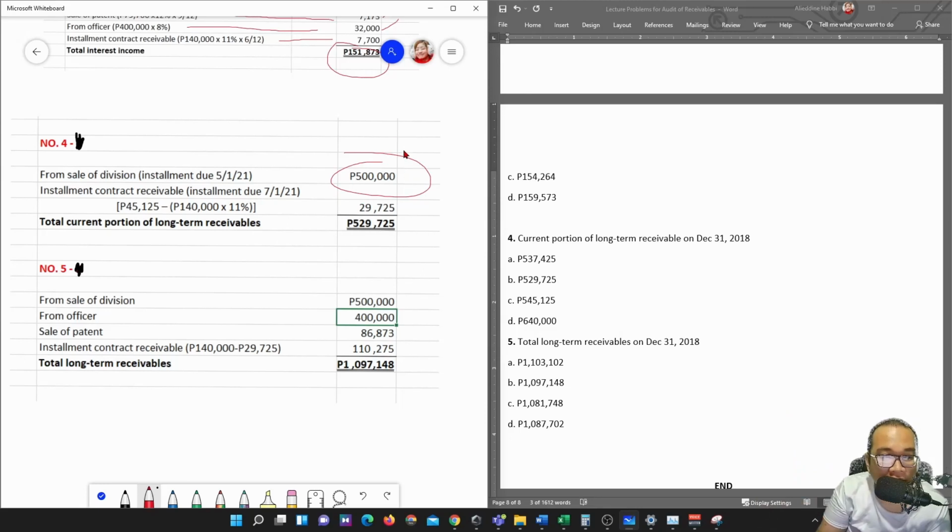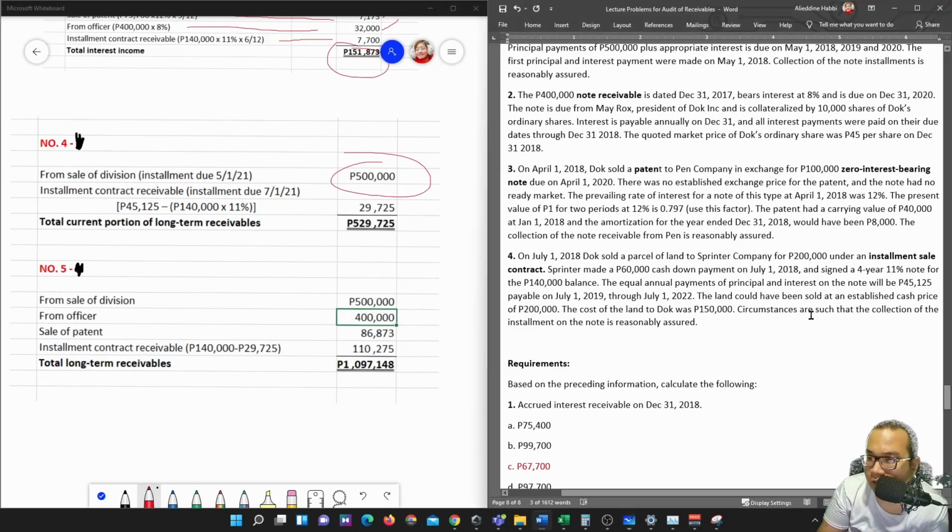Kaya 500 lang dito for the division. And sa installment contract receivable, saan nanggaling tong 45,125? Dito nakalagay: the equal annual payments of principal and interest on the note will be 45,125 payable on July 1, 2019 through July 1, 2022.